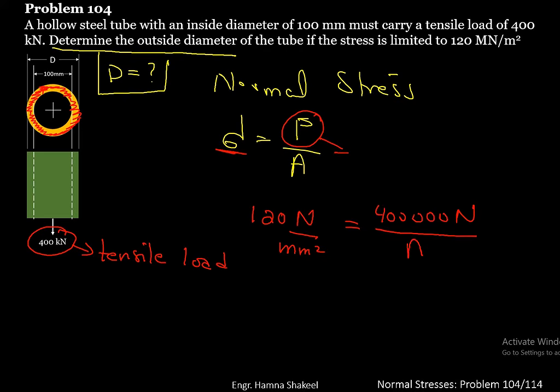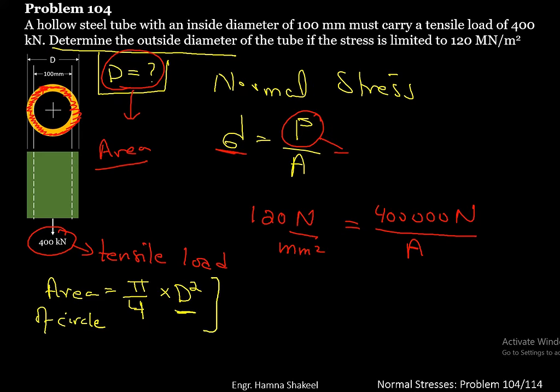Divided by area. We need to find the diameter, and we can find the diameter if we know the area of this tube. So it's a hollow circular steel tube, and we know that the area of a circle is pi by 4 into d square, where d is the diameter of the circle.